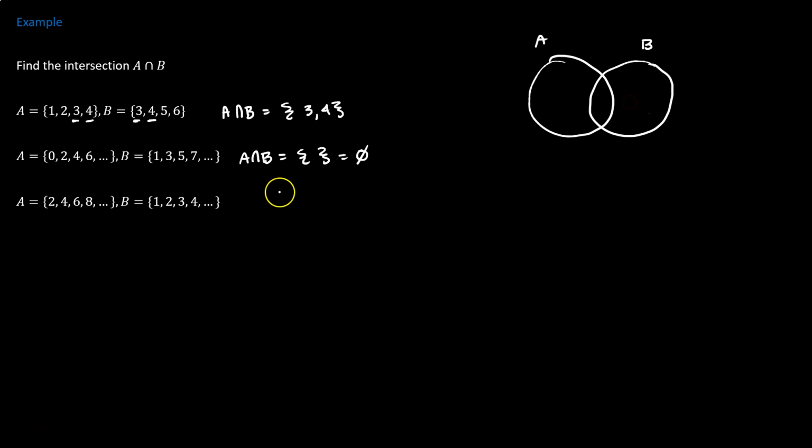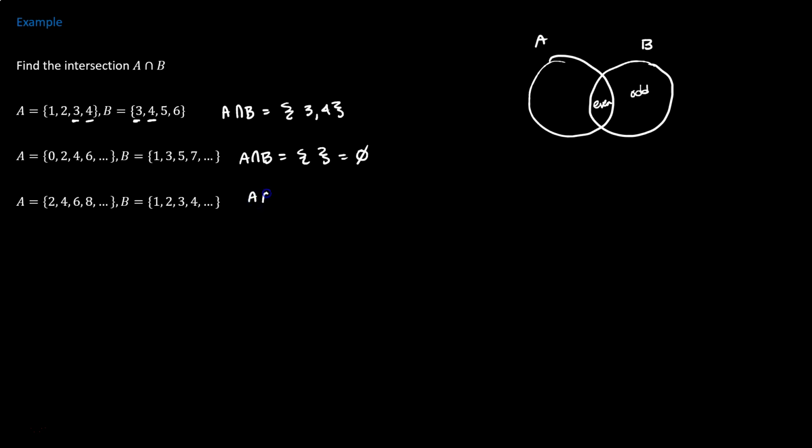All right, one more. Here we have all of the even numbers, and then we had all of the counting numbers. We can put all of the even numbers here, all of the odd numbers here, so that the set B contains all of the counting numbers.